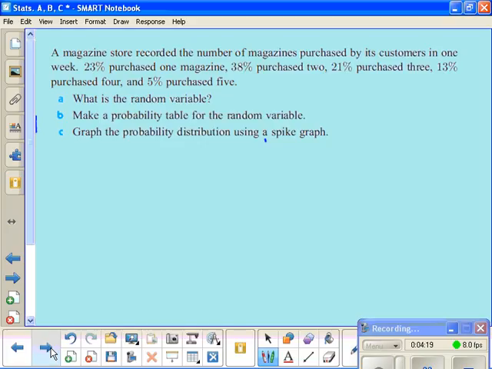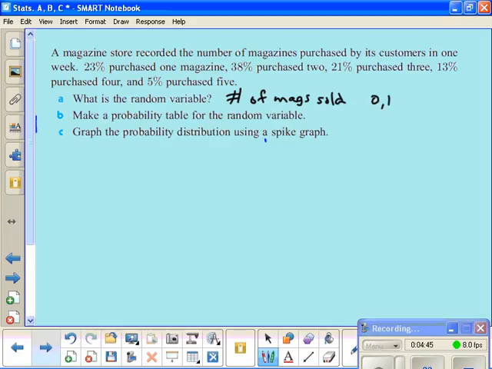A magazine store recorded the number of magazines purchased by its customers in a week. 23% purchased 1 magazine, and so on. What is the random variable? Well, the random variable is the number of magazines sold or purchased. So what are the possibilities?